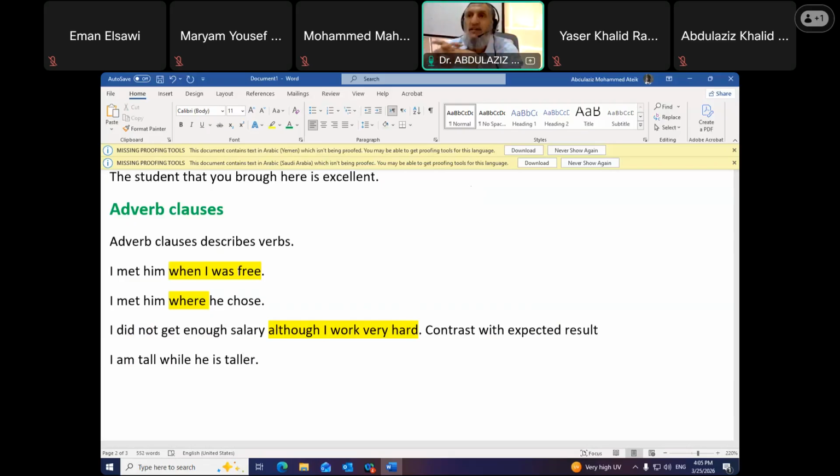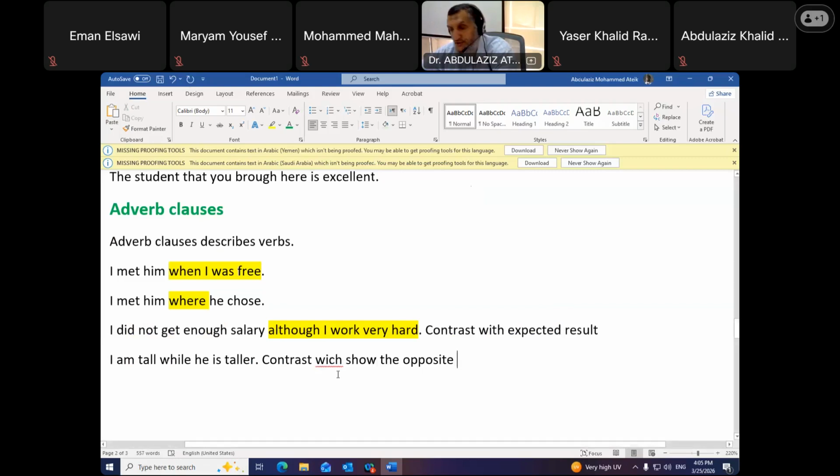Yeah, they call it strong contrast, opposite. Contrast which shows the opposite. You can say, well, he is short.